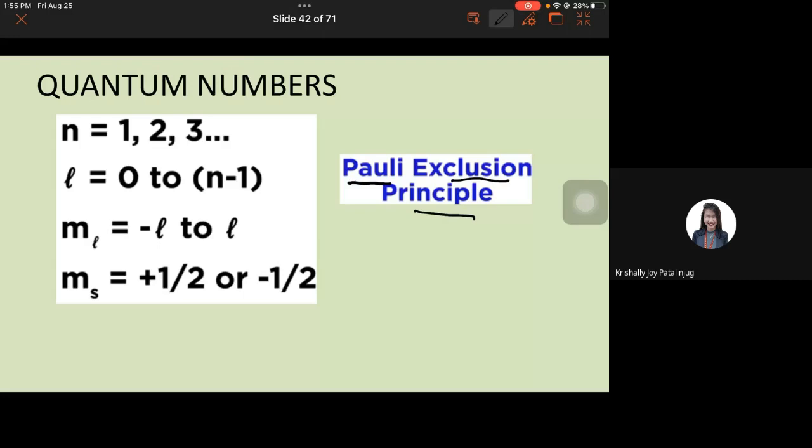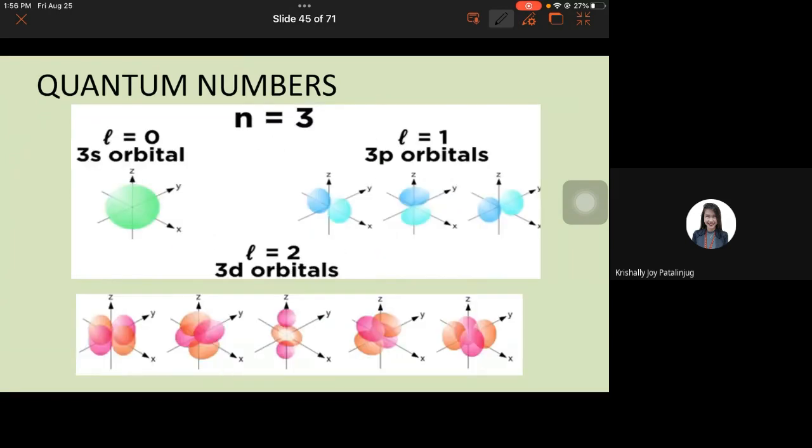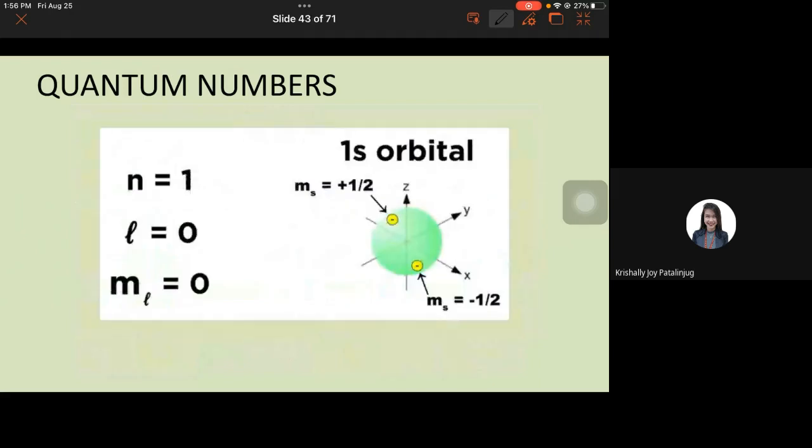Again, recalling all of them, we have the principal, the azimuthal or the angular, and then the magnetic quantum number. These three describe the atomic orbital, and then the last one would be electron spin. I was able to discuss this already.